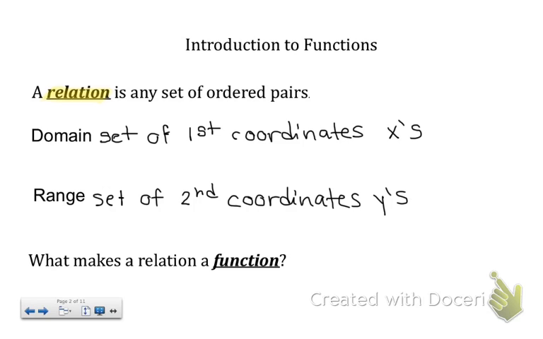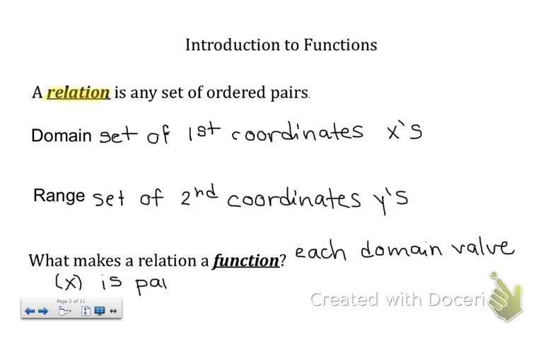Now, a relation has the potential to be a function. What makes a relation a function? When each domain value is paired with exactly one range value is when a relation becomes a function. So let's write that out. Each domain value, so that's our x's, is paired with exactly one range value.